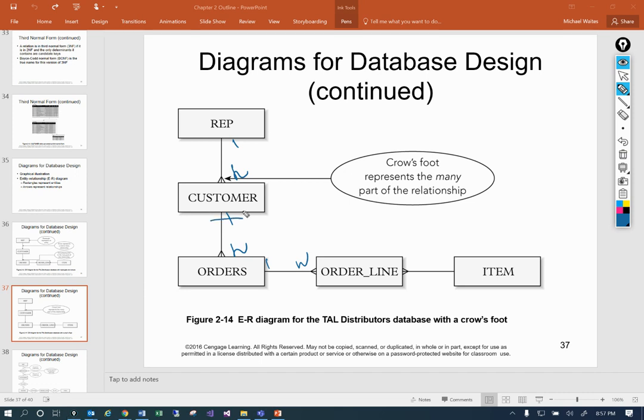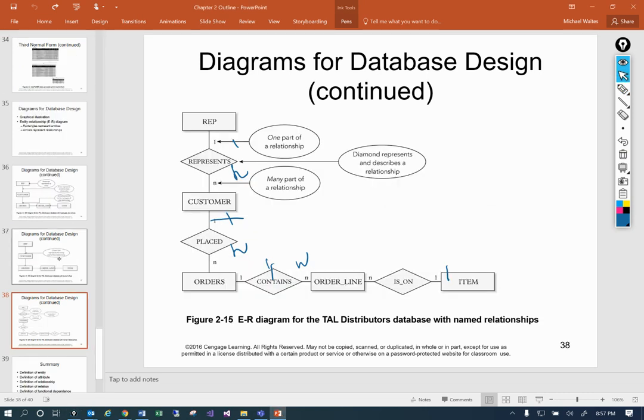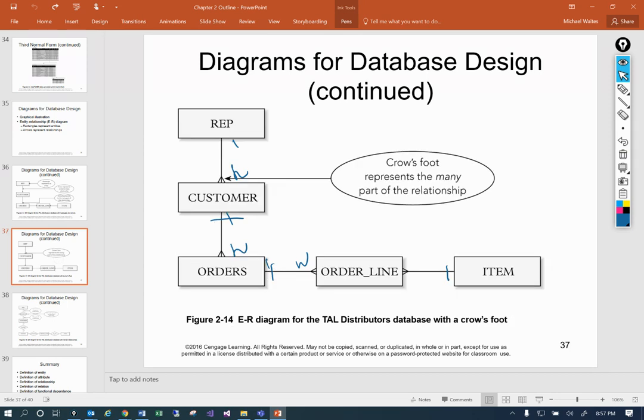And so again, on the crow's feet, the version that I'm used to, to signify the one, you get a single line. Let me make sure I'm not jumping ahead here. Okay, good. So the other thing too here is there's other types of representation when it comes to crow's feet.